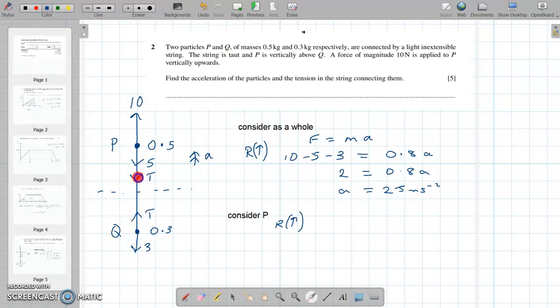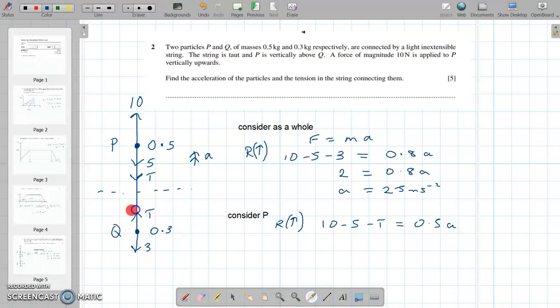So that tension is as a result of what's happening here, and you can forget about this bit and just look at this alone. So resolving up on P, we've got 10, and we've got minus 5, and we've got minus T, equals the mass of P, 0.5 kilograms, times this same acceleration.